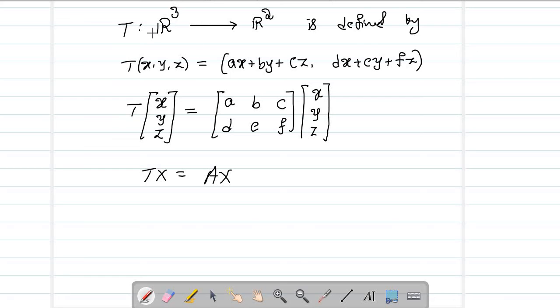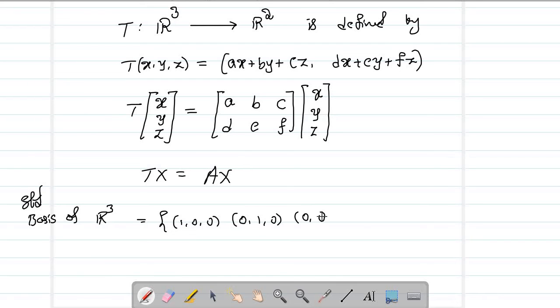For example, what is the standard basis of R3? They are nothing but (1,0,0), (0,1,0), (0,0,1). And similarly, the standard basis of R2 is (1,0), (0,1).